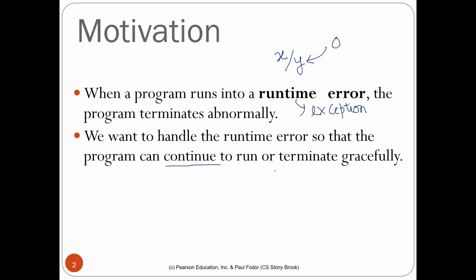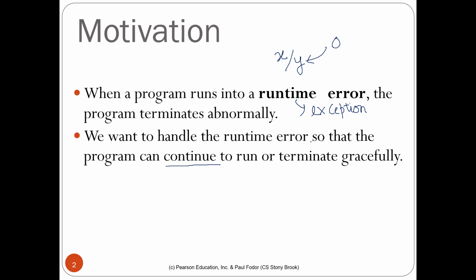Right, the program that I just showed you in my demo where we modified the getQuotient method, it is helping us to continue the running of the program. Even after the exception, the main method was running, right?